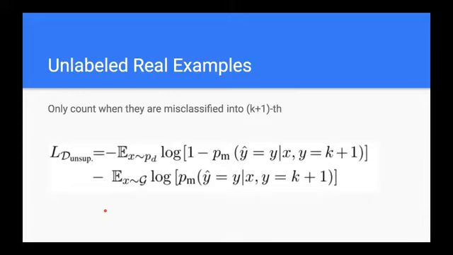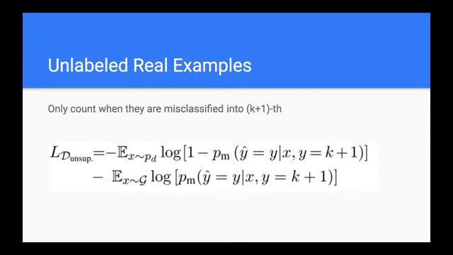Yeah, so let's linger on unlabeled real examples a little bit. You may wonder, how do we calculate the loss for an unlabeled real example? Because we don't really have a label for that. So the discriminator will do one thing. It will predict if this example is real or fake. But when it predicts the unlabeled real example is a real one, then you also make a prediction of which class it belongs to.